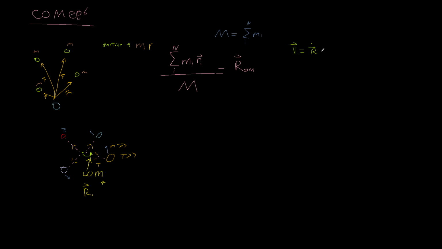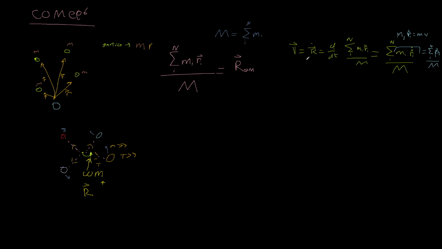And so we know that this is going to be equal to d over dt of this massive sum of M_i r_i over M, and that's just equal to the sum of M_i r_i dot over M. One thing we can notice is that M_i r_i dot is the velocity times mass, which is essentially saying the sum of the momentum of all of these particles over M is going to be this velocity, right?